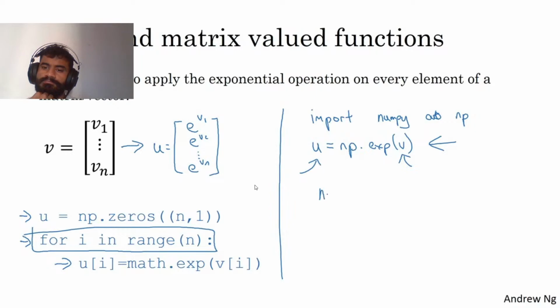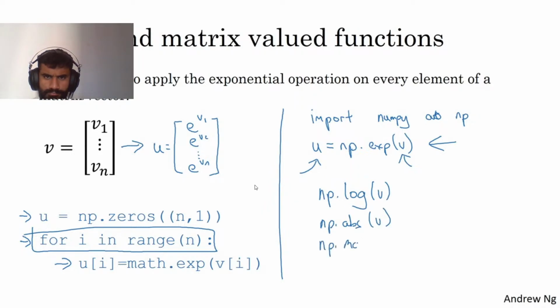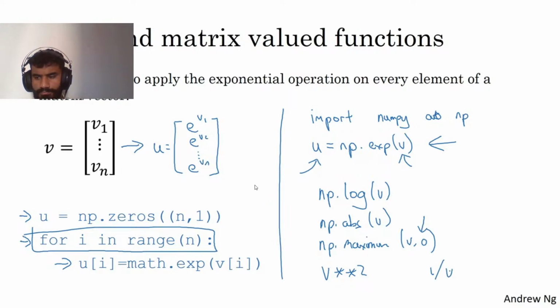In fact, the NumPy library has many other vector-valued functions. So np.log(v) will compute the element-wise log, np.abs computes the absolute value, np.maximum computes the element-wise maximum, so you can take the max of every element of v with 0. v**2 takes the element-wise square of each element of v, 1/v takes the element-wise inverse, and so on.